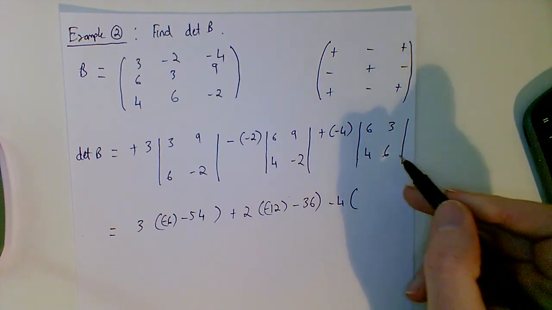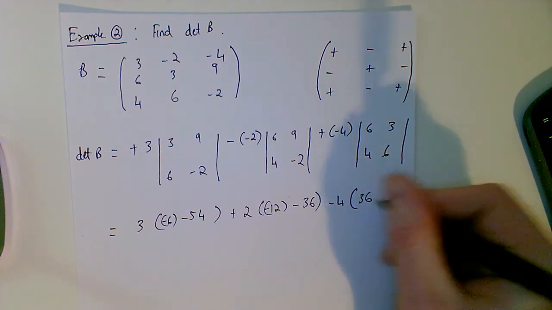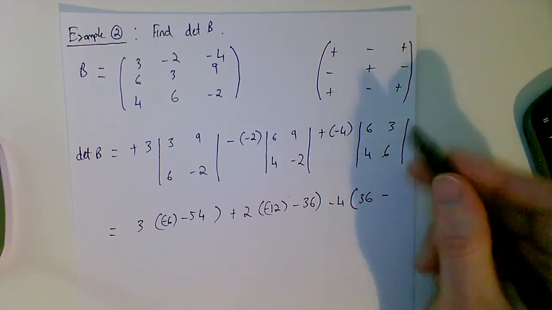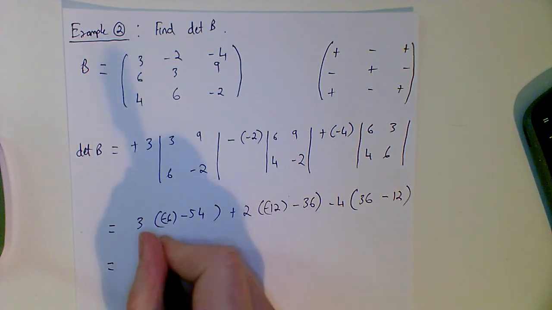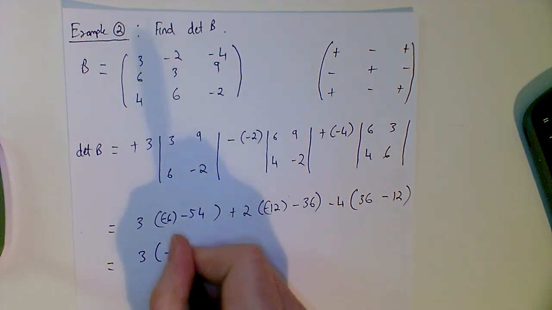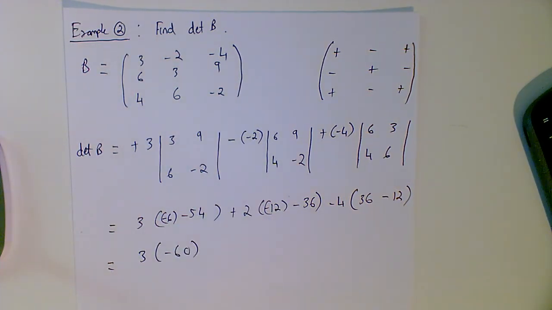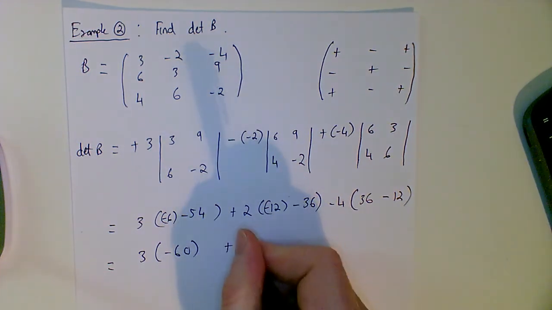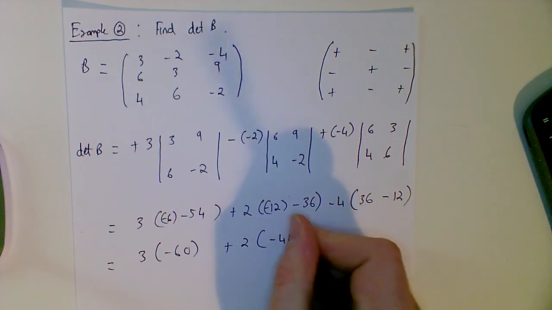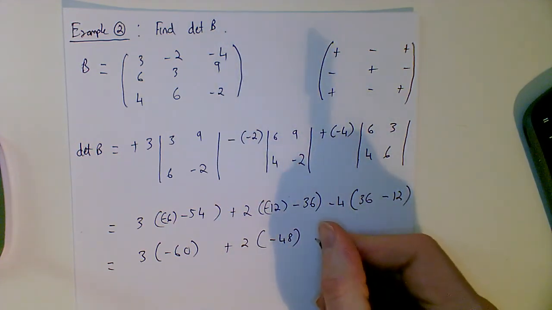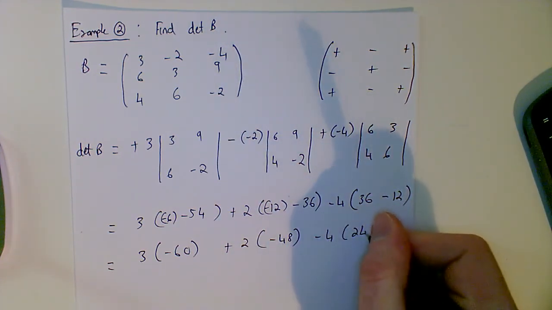And I've got 6 multiplied by 6, which is 36, subtract 4 take away 3, which is 12. So, work out that in the bracket gives me negative 60. Multiply that in the bracket gives me negative 48. And I work out that in the bracket and it gives me 24.